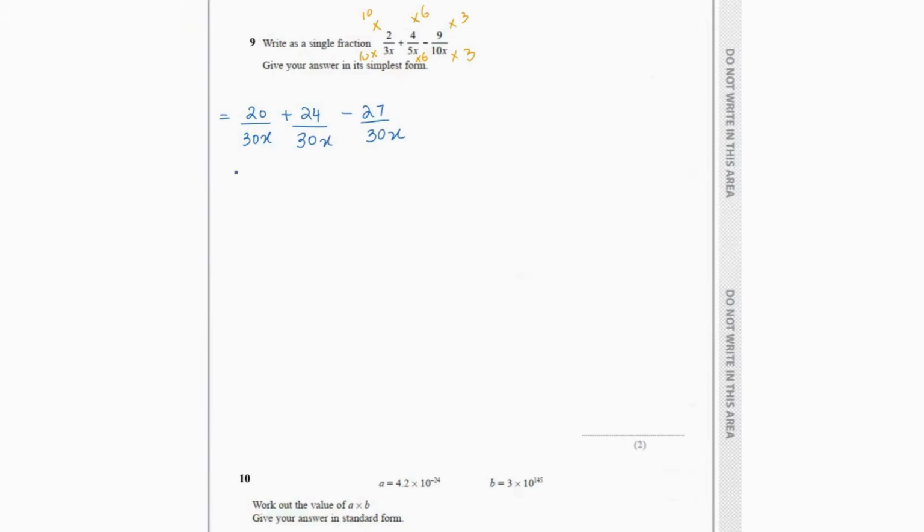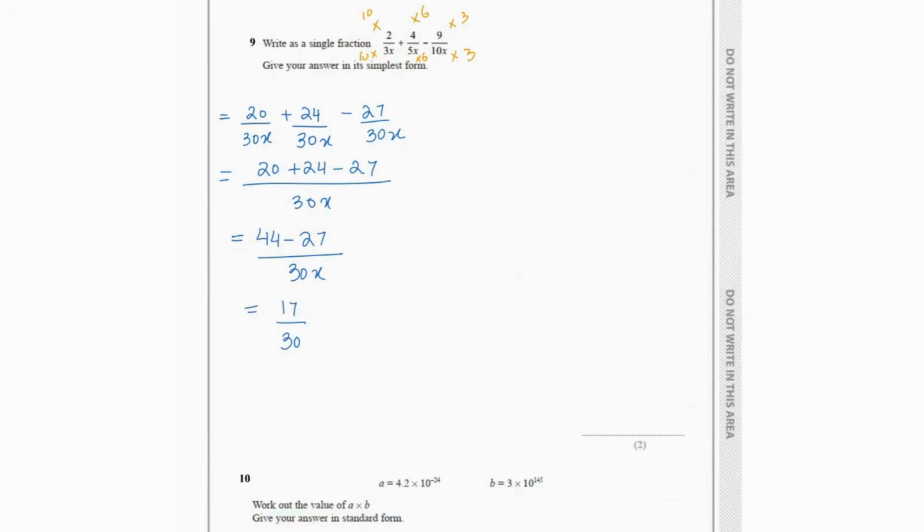Now that we have the same denominators for each of these fractions, we can write it as a single fraction with the same denominator and add the numerators in the numerator. So 20 plus 24 is 44. And then we do 44 minus 27. That is going to give us 17.